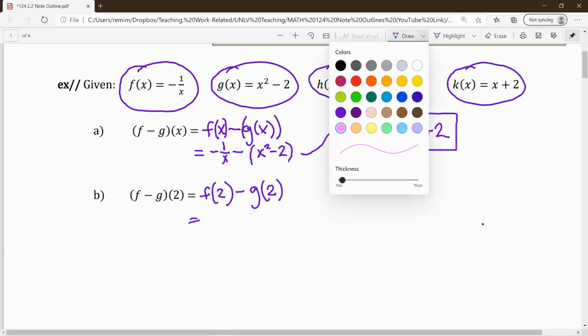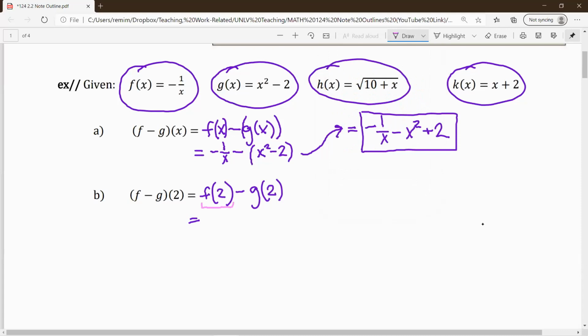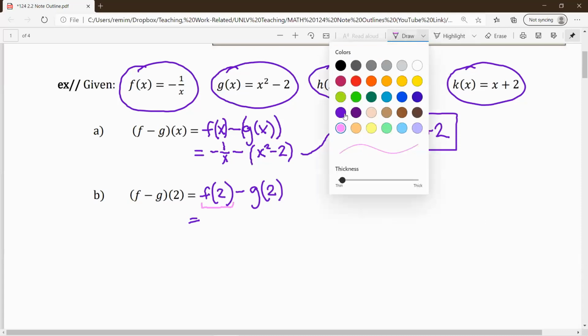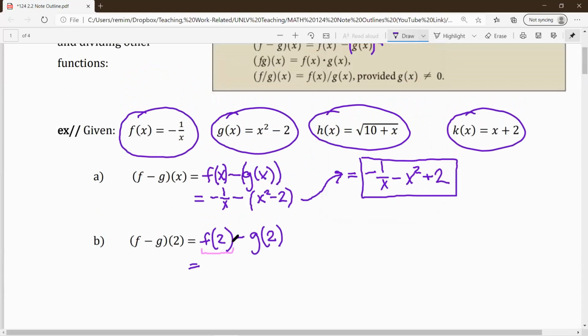So if we just focus here, what's f of 2? How do we find that? We would just plug the 2 into the f function. So let's go back and look at what f of x is. We're going to replace this x here with 2.